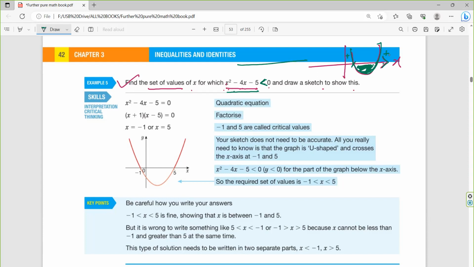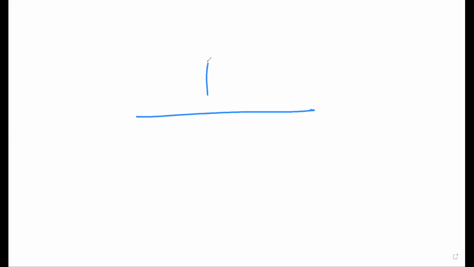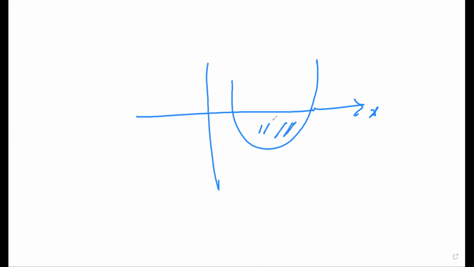Like if I draw a curve, and this is the x-axis, this part is under the x-axis, so it is less than 0, that means the negative part. And this part is above the x-axis, that is greater than 0.